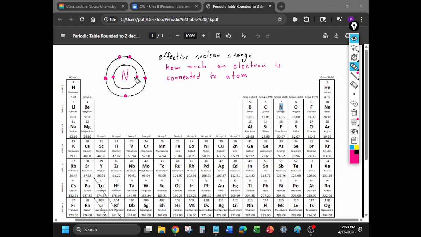And it depends on how much the nucleus, the protons, pull the electrons in, but also how much the electrons push each other away. Okay, and so we're going to learn how to calculate the effective nuclear charge. And there is actually a simpler term that we use to write it. So I'm going to be referring to this as Zeff. It's Z and then effective. But I just call it Zeff because it's a lot easier. So if you ever want to just talk about this, you can always just say Zeff.